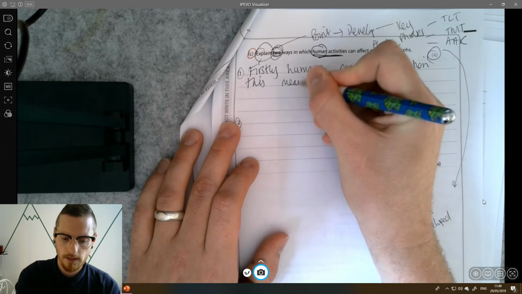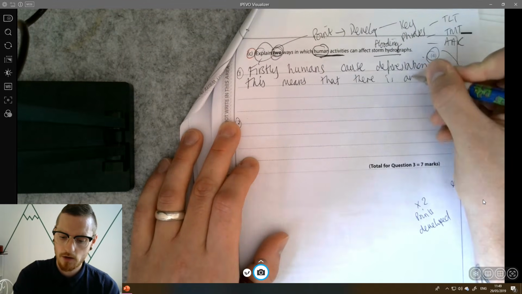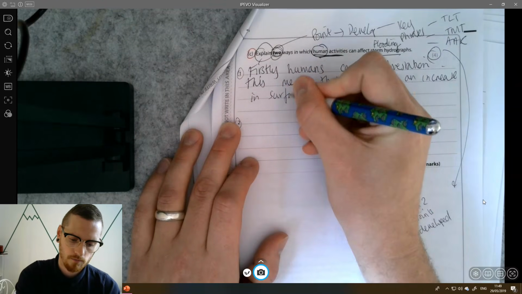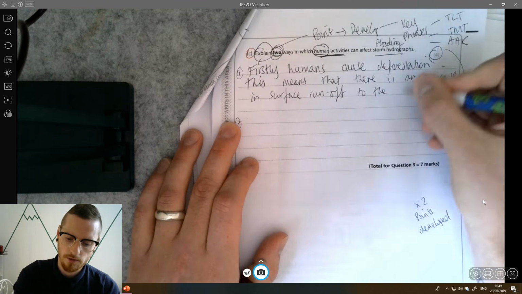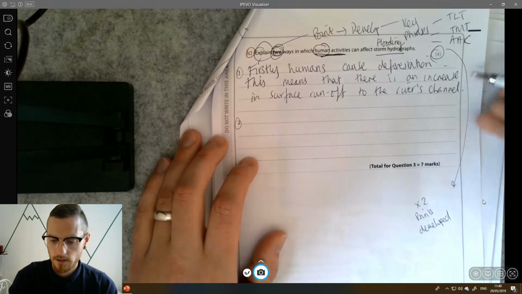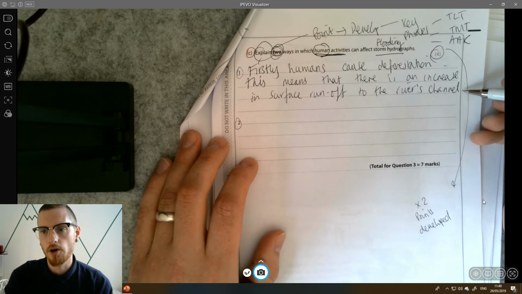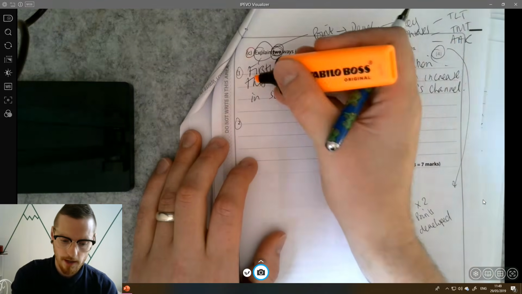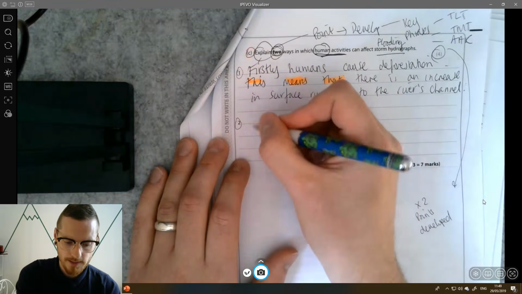This means that there is an increase in surface runoff to the river's channel. You could tag on here, okay, about therefore increasing likelihood of bankfull discharge, okay, but I've made an initial point and I've developed it. There's my development. This means that. Let's do another one.